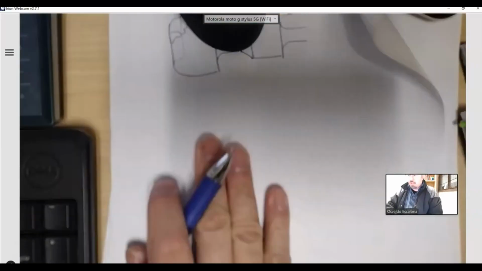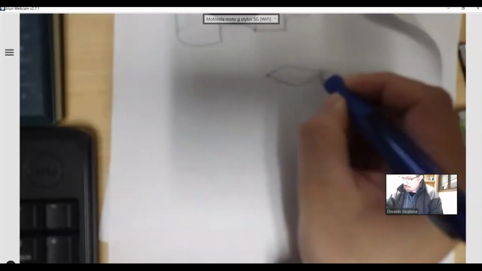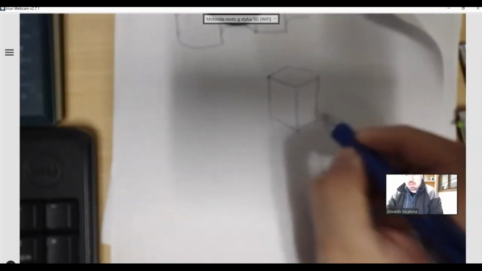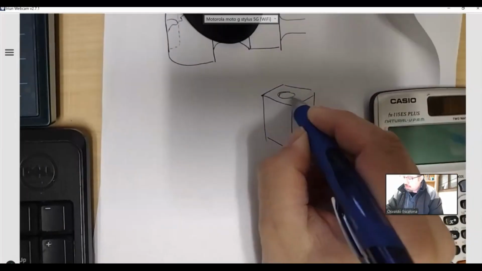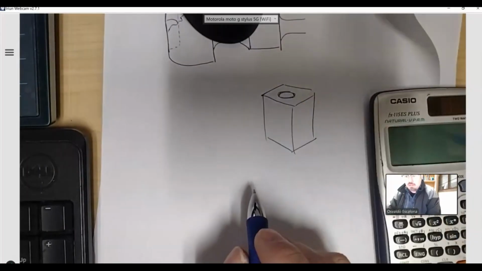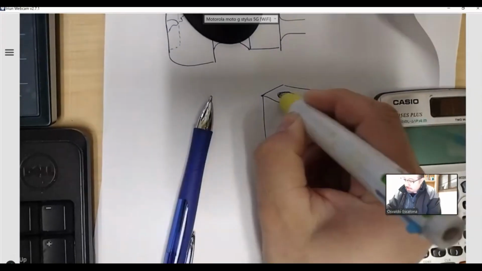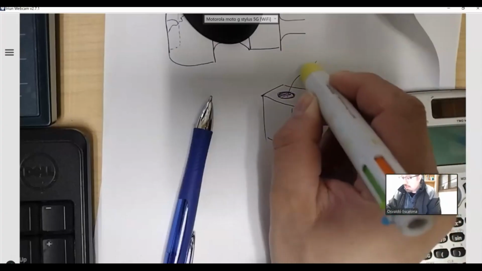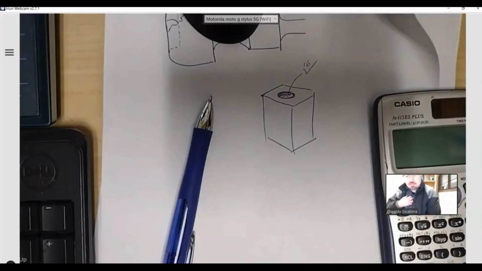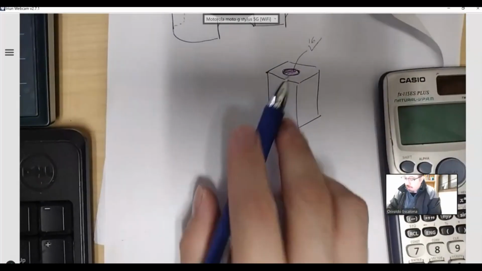Let's say I have a part that looks like this, and it has a hole on the top view. I want to ensure that when my hole gets manufactured, the hole surface will have, I don't know, 16 micro inches, or 32, 63, whatever number I gave you. So if I were to do the front view, it will look like this.